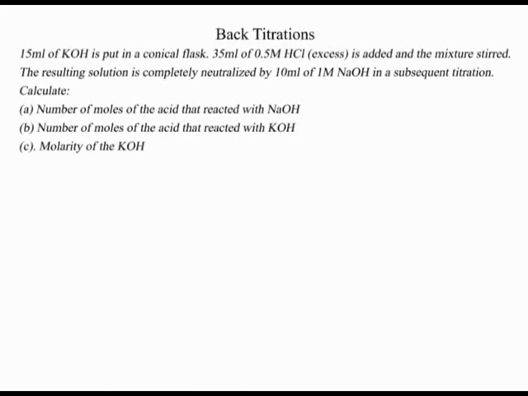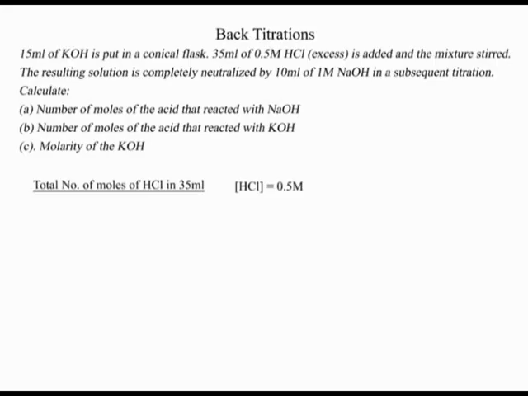Now, in this experiment, excess hydrochloric acid is first reacted with potassium hydroxide. It means some acid reacted and some remained unreacted. This unreacted acid was then neutralized by sodium hydroxide in the titration procedure. So we need to first find the total number of moles of hydrochloric acid in 35 milliliters of 0.5 molar hydrochloric acid. We know the molar concentration of the acid.